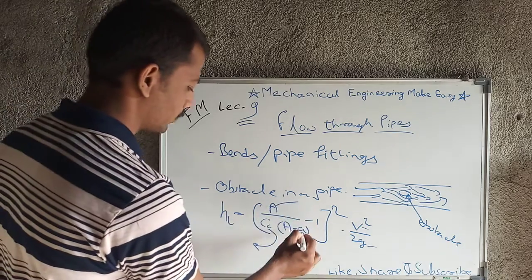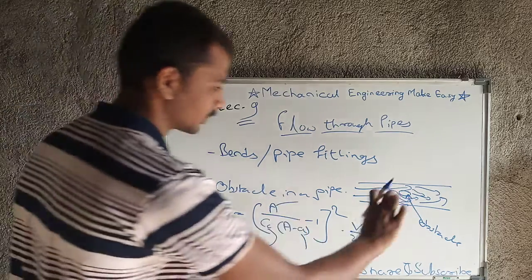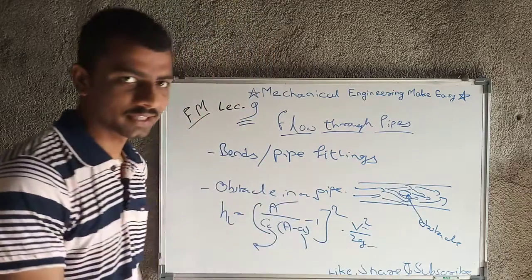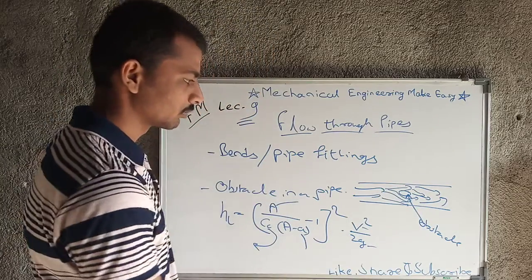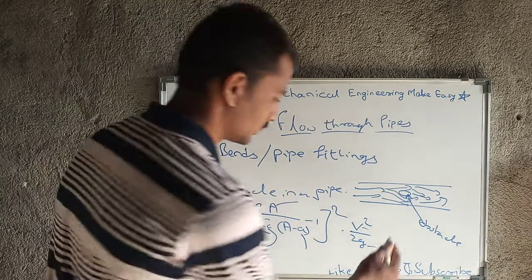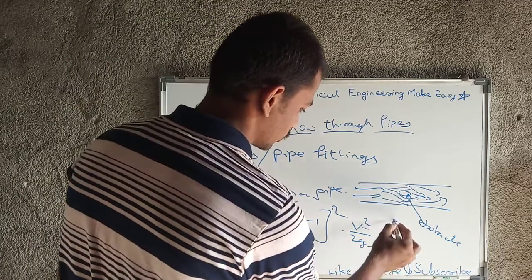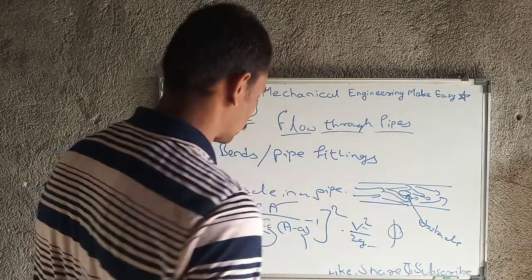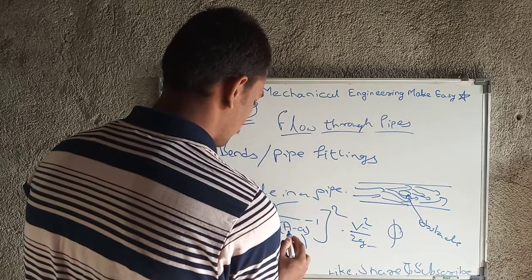So what about capital A and small a? Capital A is the cross sectional area of the pipe at that section, and small a is the cross sectional area of that obstacle. If there is a rock present, then the cross sectional area of that rock, so capital A minus small a.